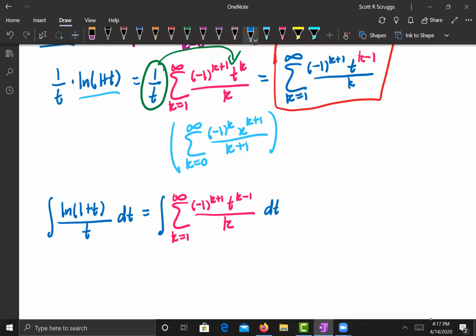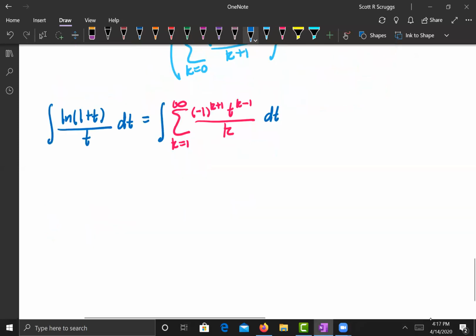Now I'm going to move that integral inside the series and integrate term by term, meaning I have the sum going from 1 ending at infinity, -1 to the k plus 1 over k. Those are constants with respect to t. So the -1 to the k plus 1 power over k is going to be outside of my integral. And I have inside my integral t raised to the k minus 1 power.